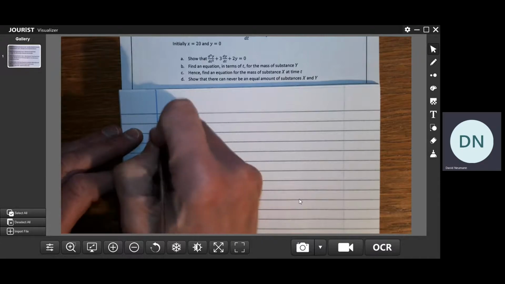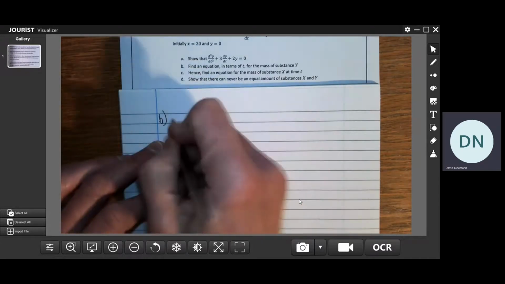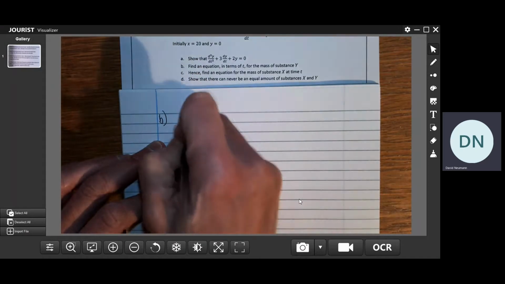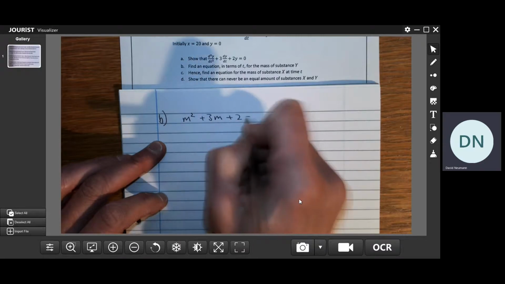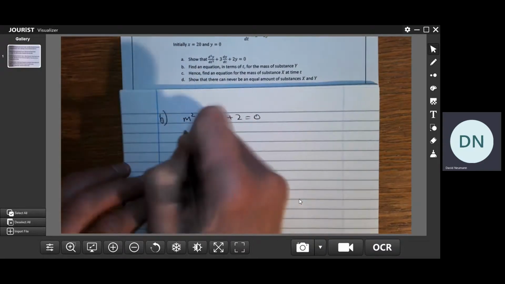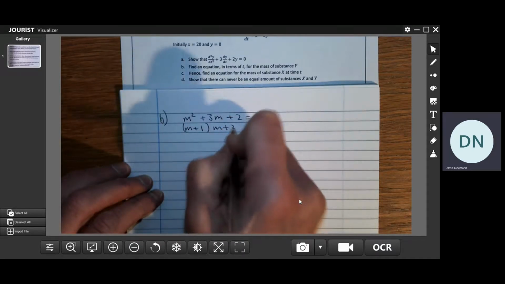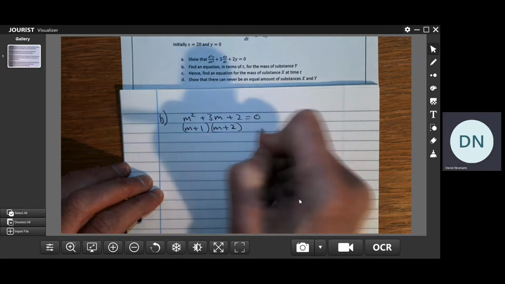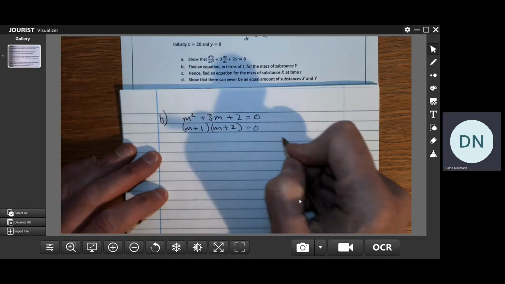So for B, what we're going to do is solve the differential equation. So our auxiliary equation is going to be m squared plus 3m plus 2 equals 0. That factorizes to m plus 1 times m plus 2 equals 0.